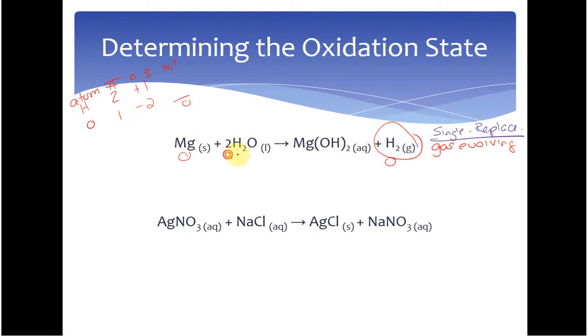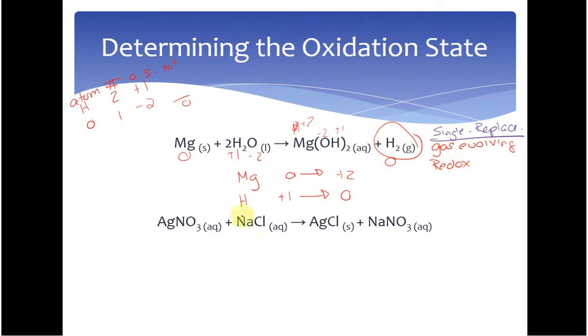This is plus 1, minus 2, because it's in a compound. That's just the rule. To cancel this, magnesium would end up being plus 2. So magnesium goes from 0 to plus 2, so it's being oxidized. And hydrogen goes from plus 1 down to 0, so it's being reduced. So this is also a redox reaction.